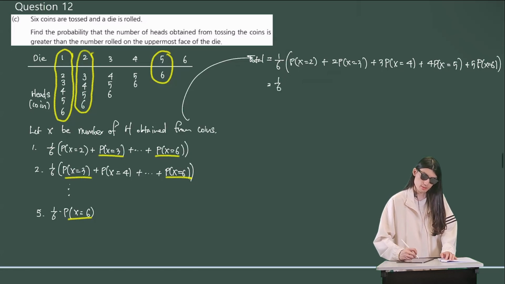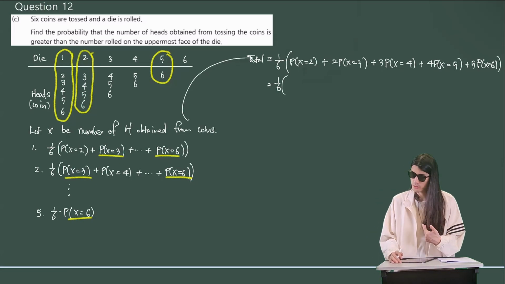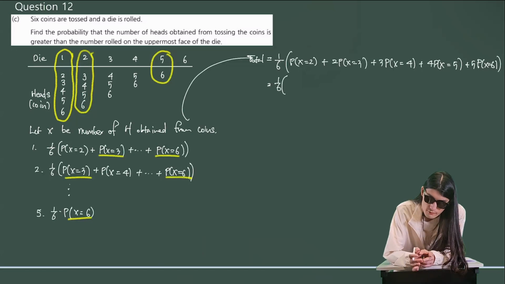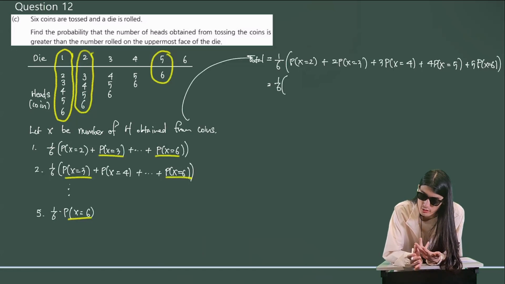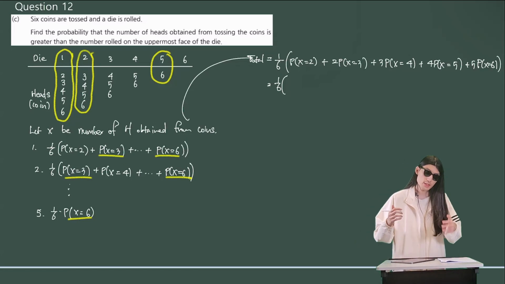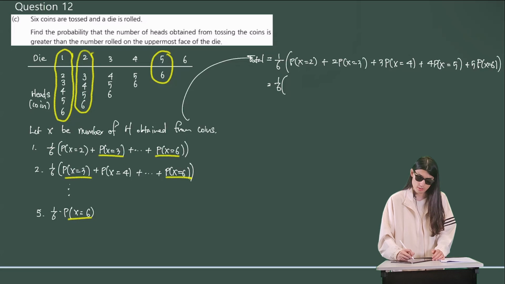And each of these binomial probabilities, the probability that x equals 2, that's the probability that 2 out of the 6 coins that you tossed land on heads, isn't it? Which according to the binomial probability is 6C2 half to the power of 6.